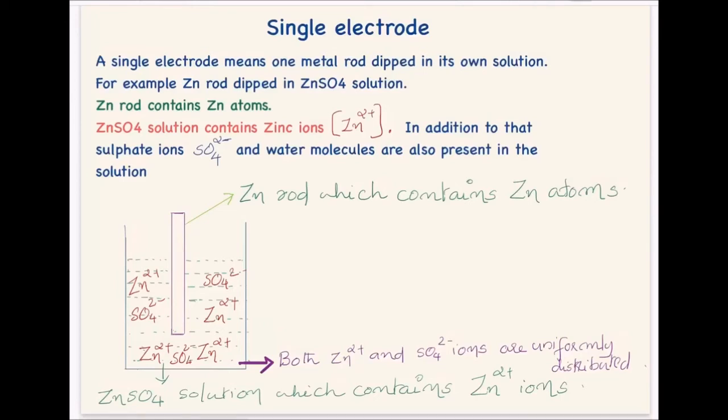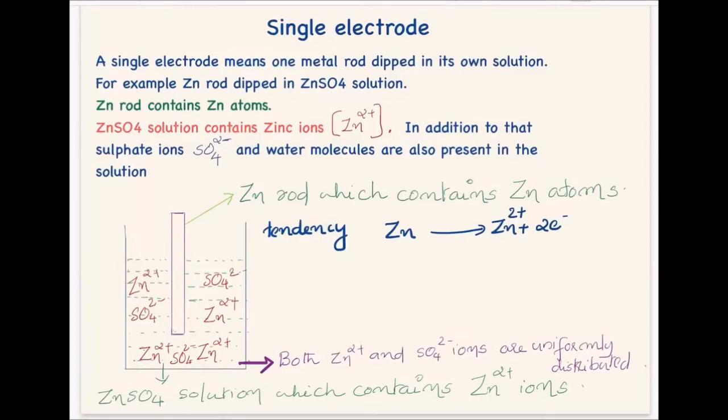First, the zinc atoms in the zinc rod have a tendency, I will call it tendency, to release two electrons and become zinc ion. Zinc atoms in the zinc rod have a tendency to release electrons to become zinc ions.